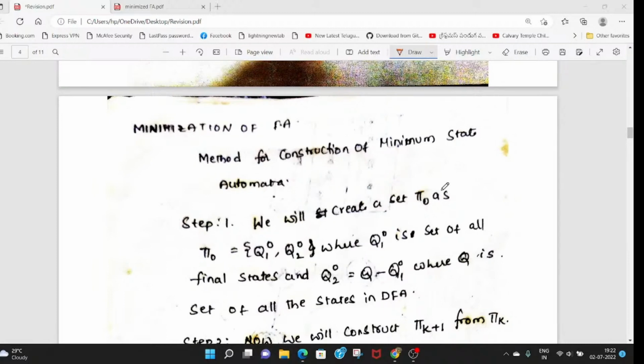So for minimizing a finite automata, we have two methods. The first one is the general method, which is also known as the equivalence method.